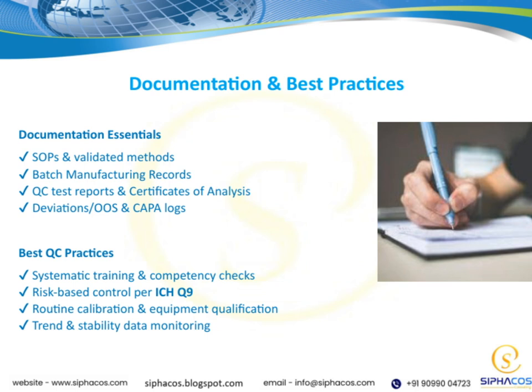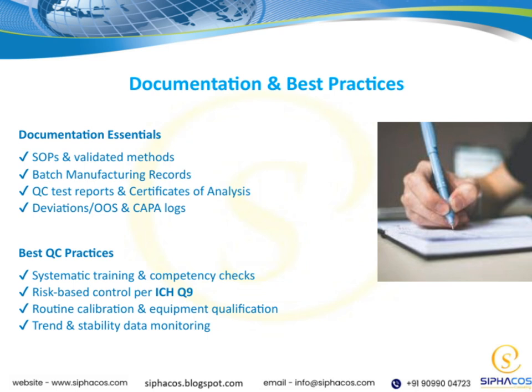QC test reports and certificates of analysis are vital for verifying product quality and meeting specifications. Lastly, deviations, out-of-specification results, and CAPA logs are essential for capturing issues, investigating root causes, and implementing corrective actions to prevent recurrence.